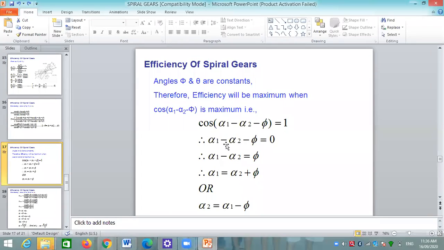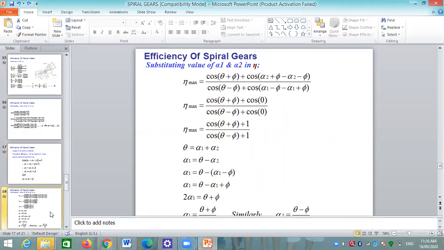Therefore alpha 1 minus alpha 2 minus phi is equal to 0. Therefore alpha 1 minus alpha 2 is equal to phi, and alpha 1 is equal to alpha 2 plus phi. Or similarly alpha 2 is equal to alpha 1 minus phi.